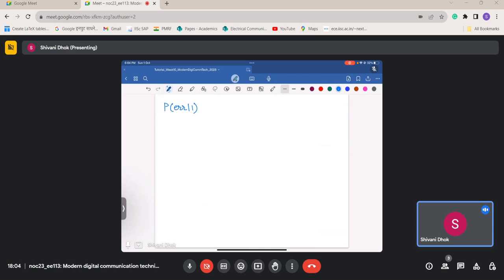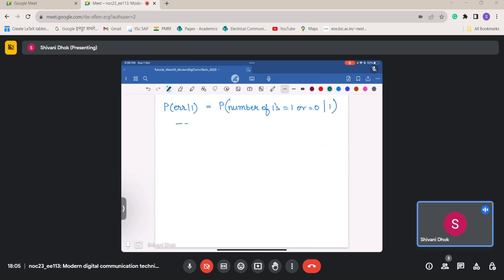So when will the error occur? This will occur when the number of ones is equal to 1 or is equal to 0, given 1 is transmitted. Now we have 1 being transmitted in these 3 places.